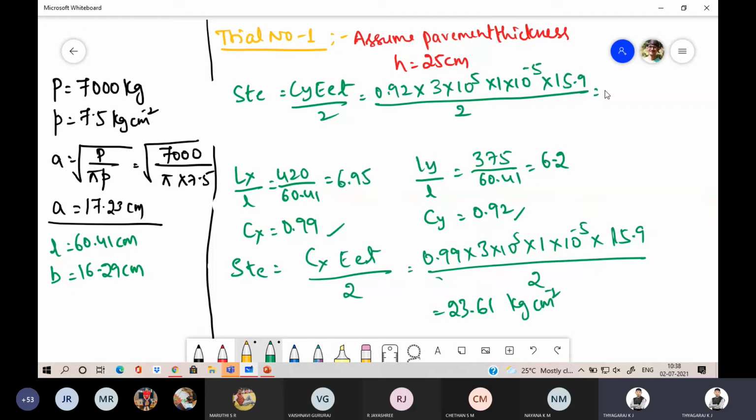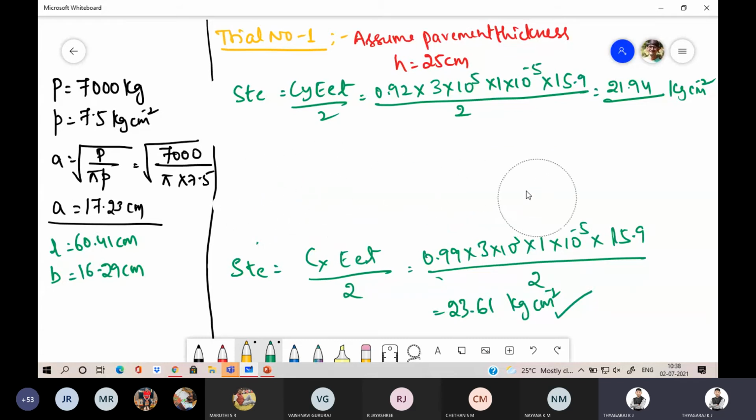Check how much you are going to get. 21.94. So since we are going to adopt only the higher value, St is equal to 23.61 kg per centimeter square. Okay, up to here, is it clear, right?